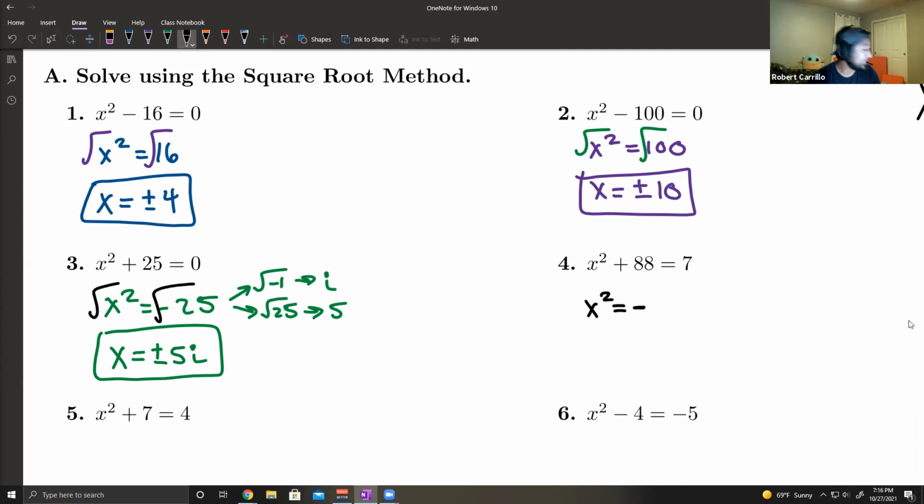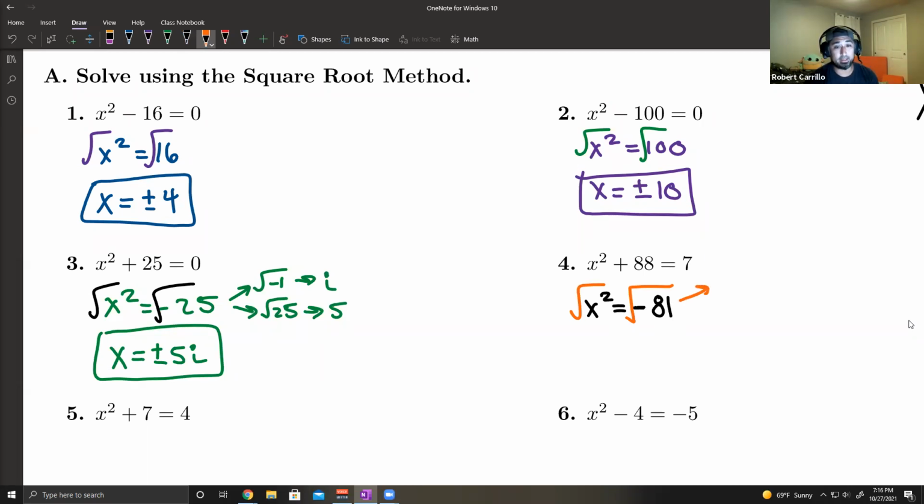Anybody? 7 minus 88. -81. Good. So again, move that over, subtract it over, and then now you will square root both sides. And again, we have the square root of a negative number.